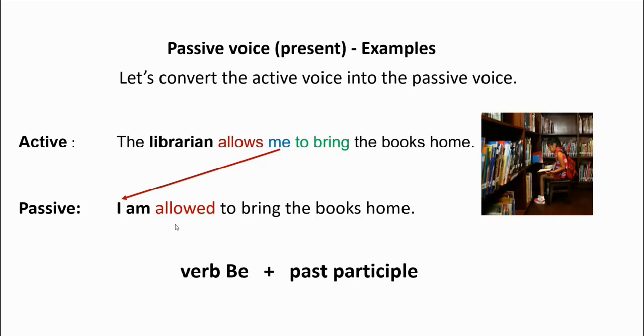I am allowed, and this is a past participle. This is not a past simple form. It is the same as the past simple, but remember that is only because it is a regular verb. Allow is a regular verb. So it's just a coincidence, but you understand that this is a past participle. All right? I am allowed to bring the books home.